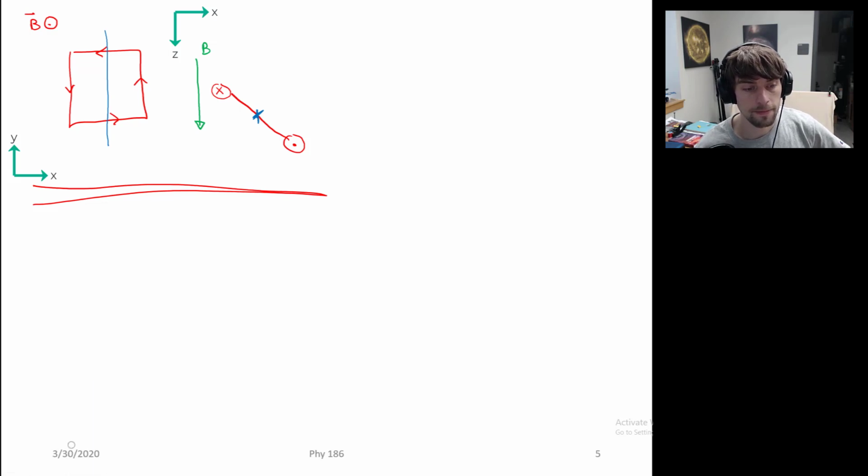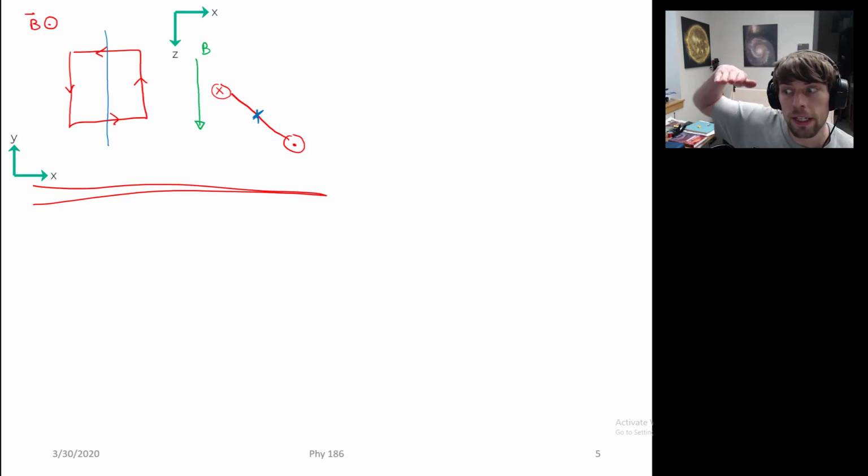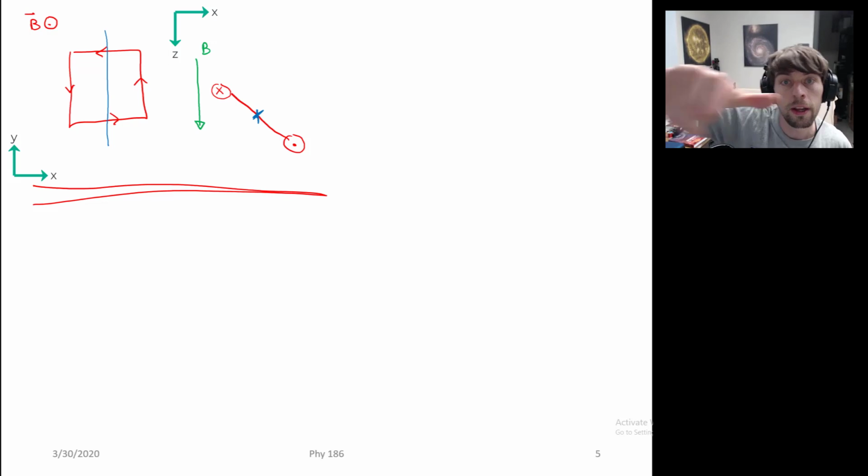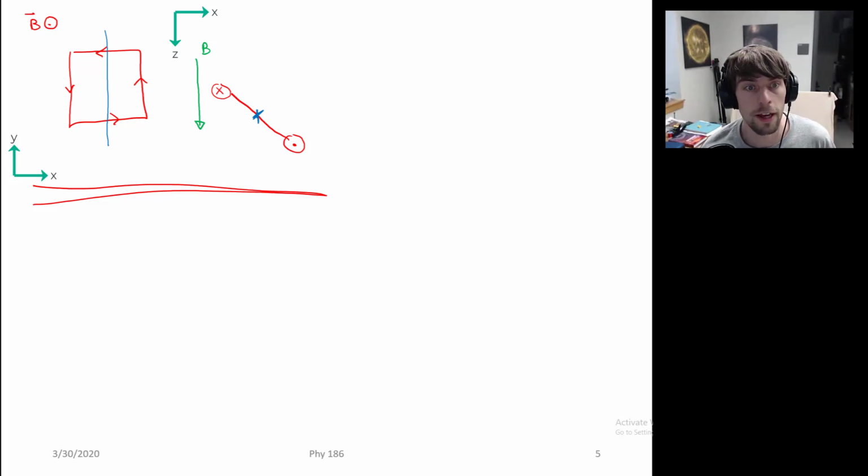Let's take this inside one, the one that's going into the board. Hands go into the board, that's the direction of the current, I. B, palm is facing down. That means the force is going to be off to the left. In other words, you're going to get a force this way, FL.